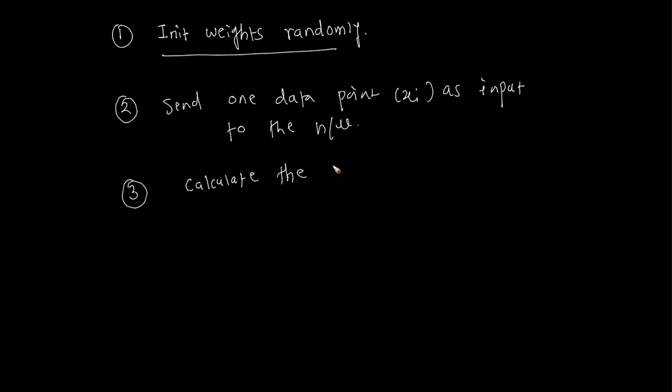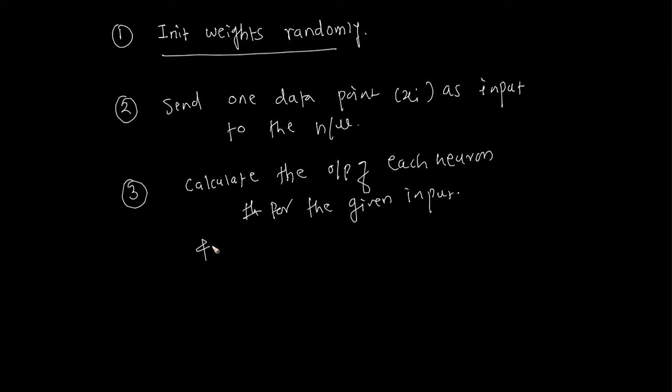Calculate the output of each neuron for the given input, and finally we get the predicted output, that is yi hat.